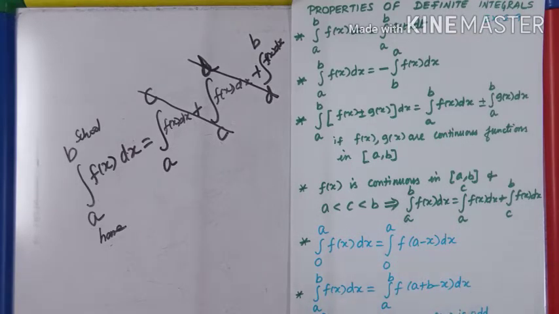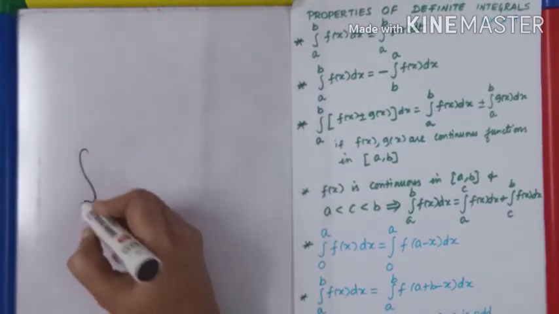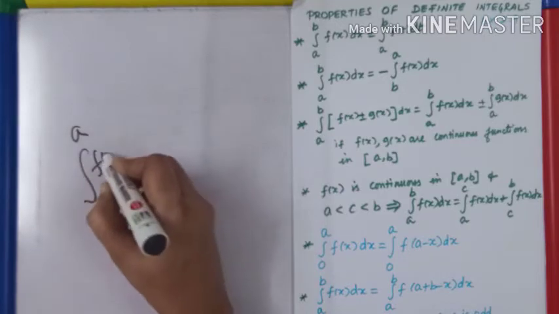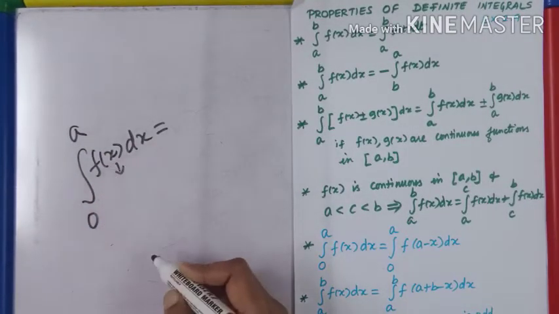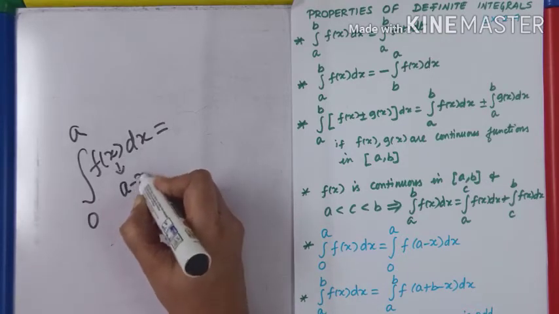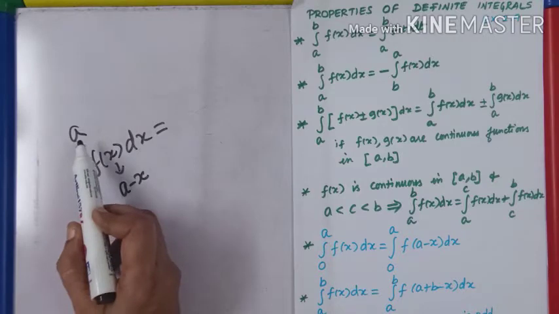Now the last three are the most important properties that we often use in the exercise. What is that? Integral 0 to a f of x dx. Wherever this x is coming, let me put a minus x. Lower limit is 0, upper limit is a.